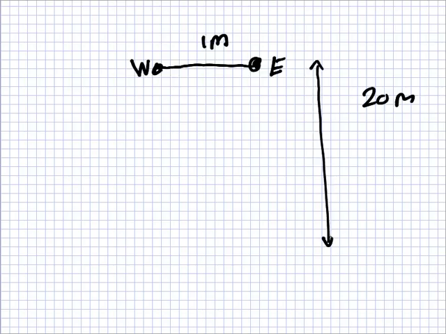Now, which way is the magnetic field? The magnetic field for Earth, if I try and picture it, goes pointing to the north. So if this is east and this direction is west, then north is straight ahead. So in the picture, the magnetic field is going into the page.